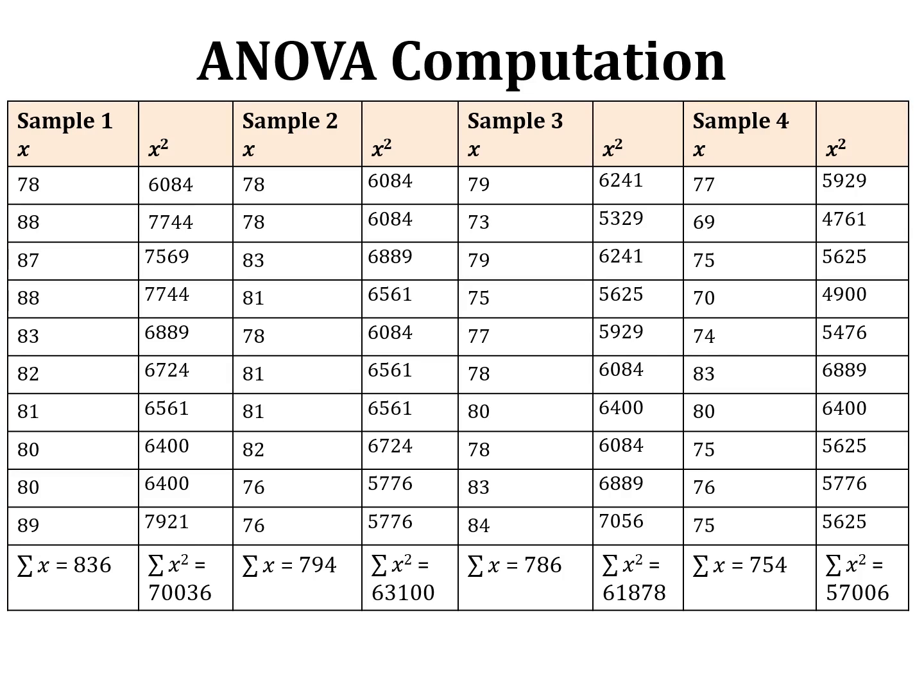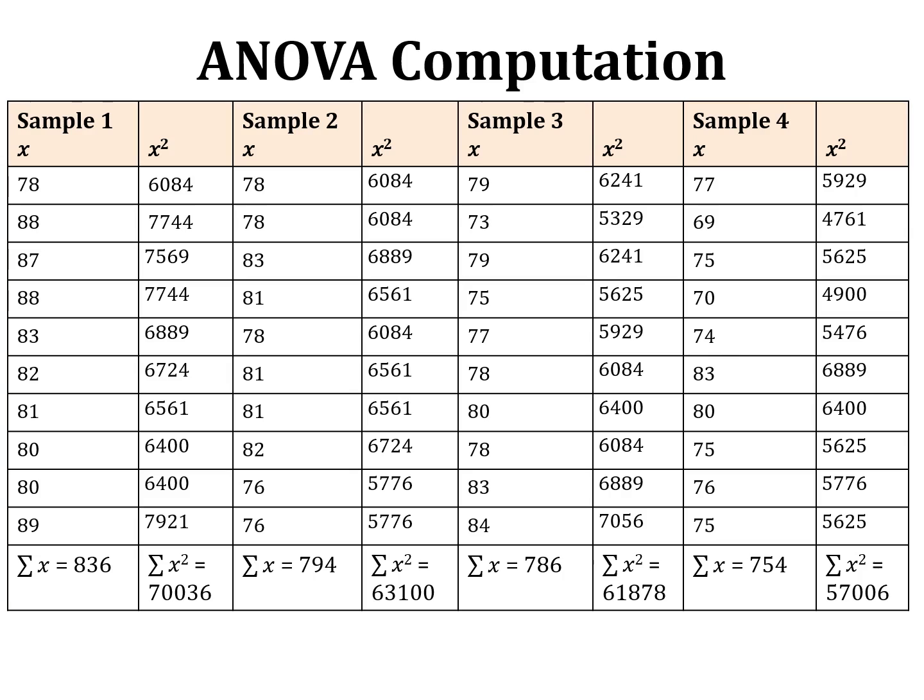The other columns are about the x square values, right? So 6084 in the second column is the square of 78, and the square of 88 is 7744, and so on. We take the square of all the individual values, and then we take the sum of these individual squares, and that sum is the summation x square, which in the case of the first sample is 70,036.